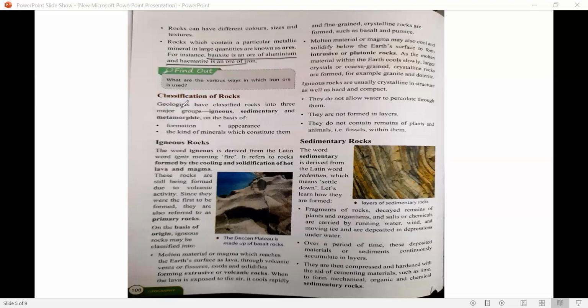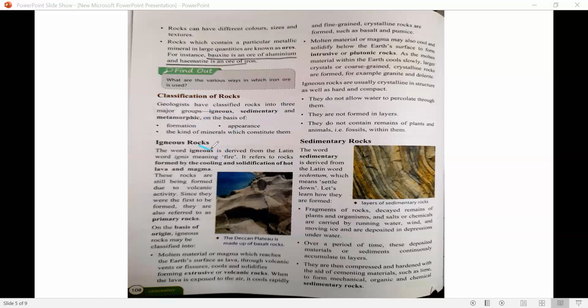We have three major groups of rocks: igneous, sedimentary, and metamorphic. They are divided on the basis of the formation of these rocks, their appearance, and the kinds of minerals from which they are made.